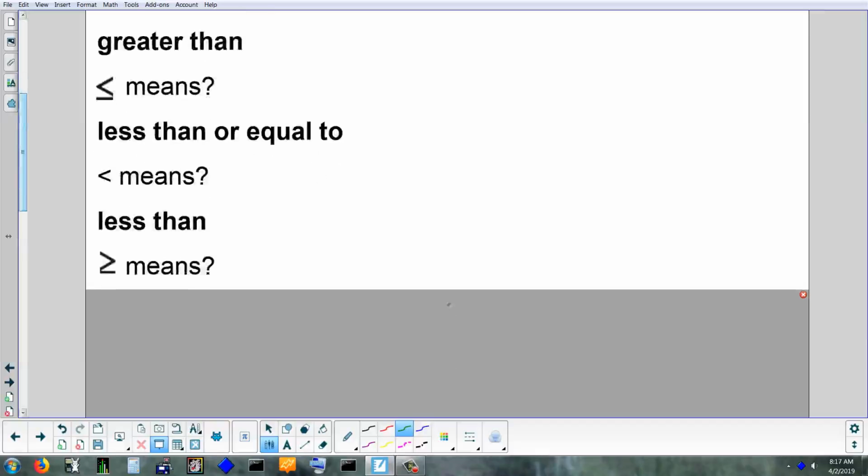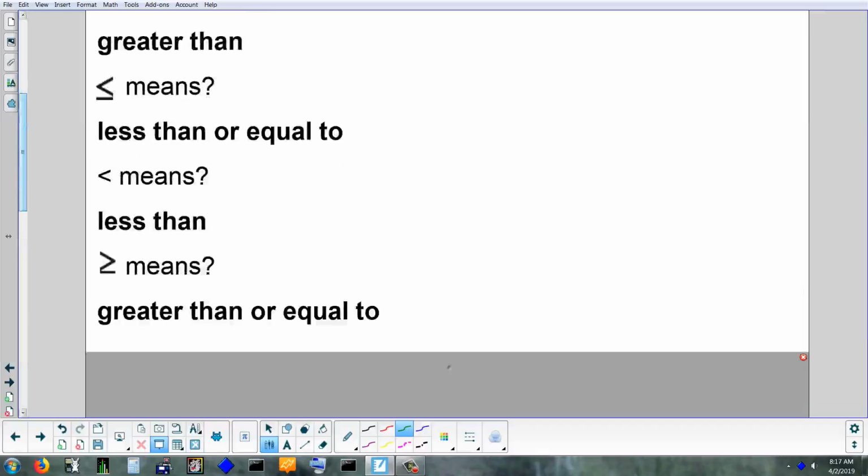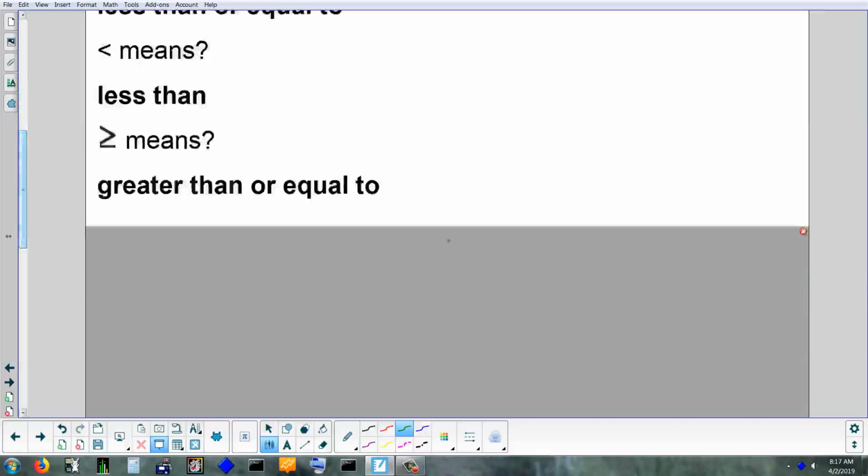Less than or equal to, no, greater than or equal to. Yep, greater than or equal to. Remember, the way I remember less than is it almost looks like an L that's kind of bent. Like if this is an L, it's almost like it just bent in a little bit. So, less than symbol kind of looks like an L, but it's a little bent.